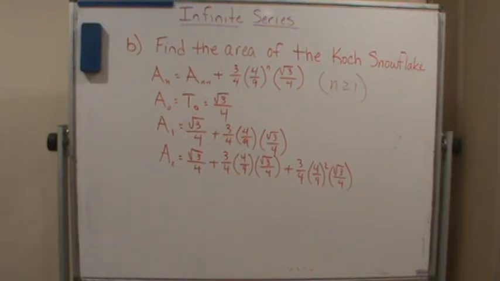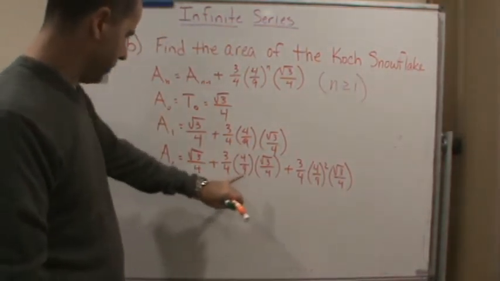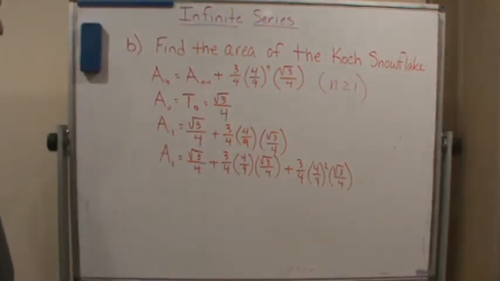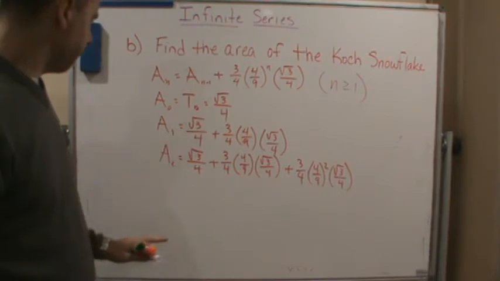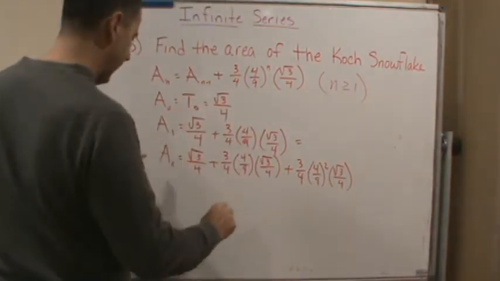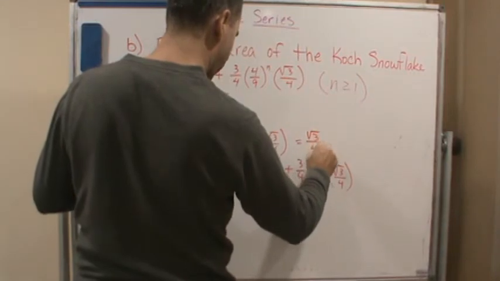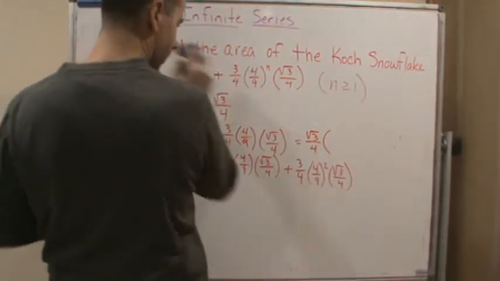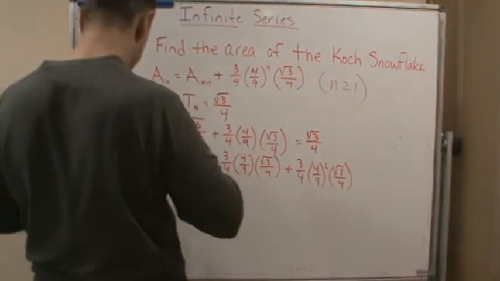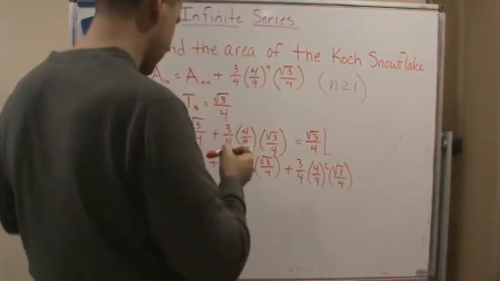So notice what's going on here. We've got a common factor of the square root of 3 over 4, even here. So let's see what we can factor out. Let's write this as the square root of 3 over 4 times, and then what's left over when we factor this?